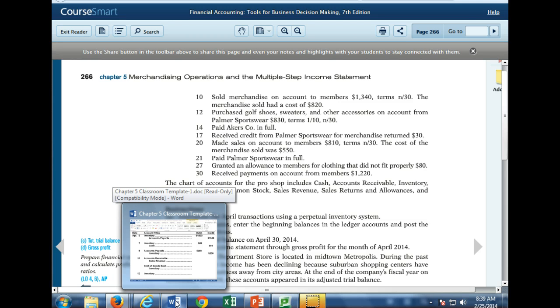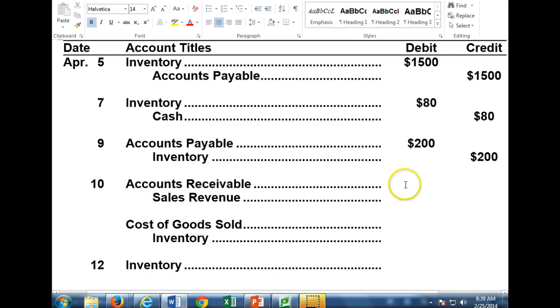$1,340 is how much we sold, and it had a cost of $820. How much do they owe us? What would be the amount that they're going to owe us? $1,340.